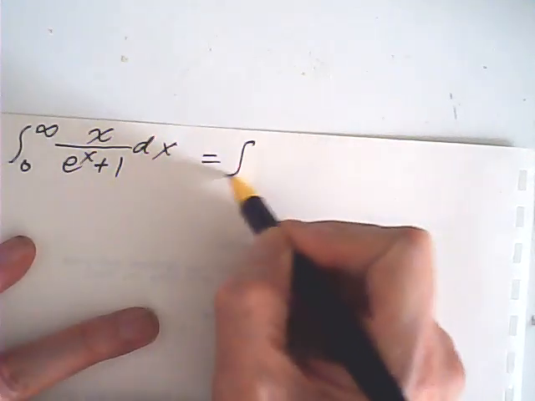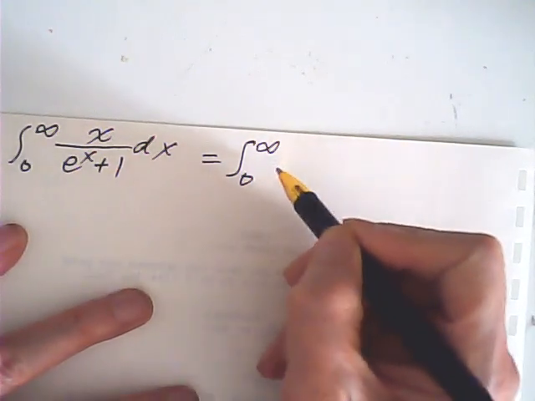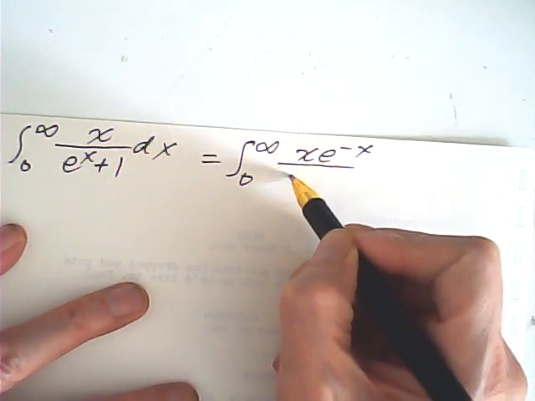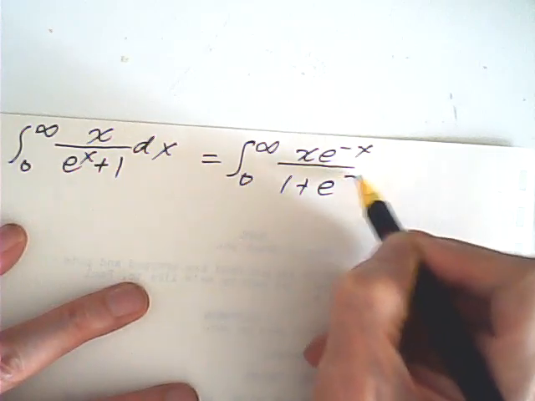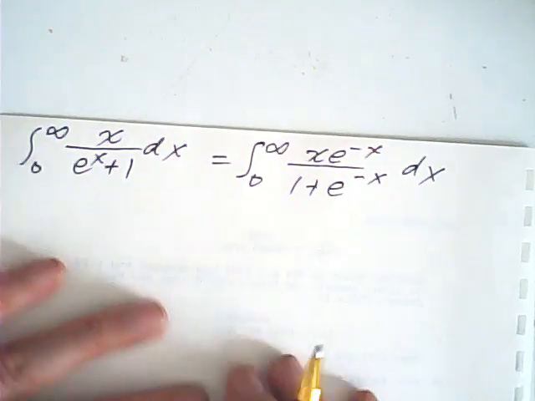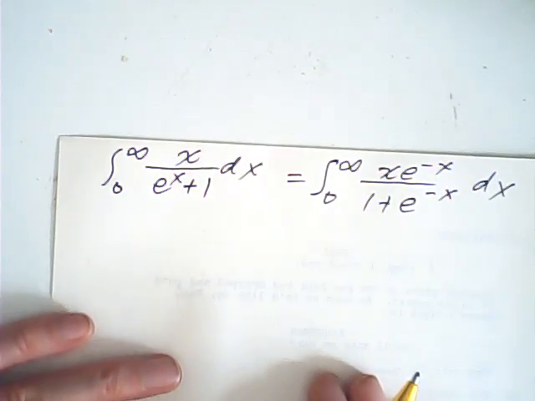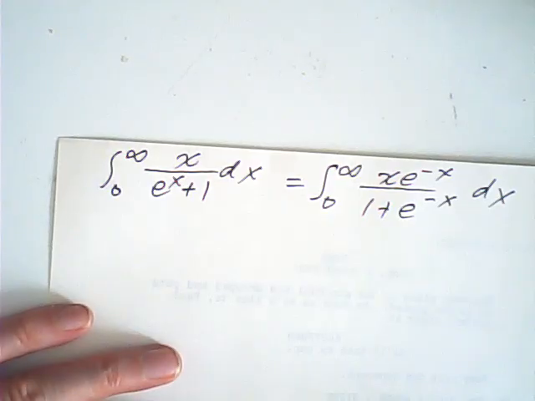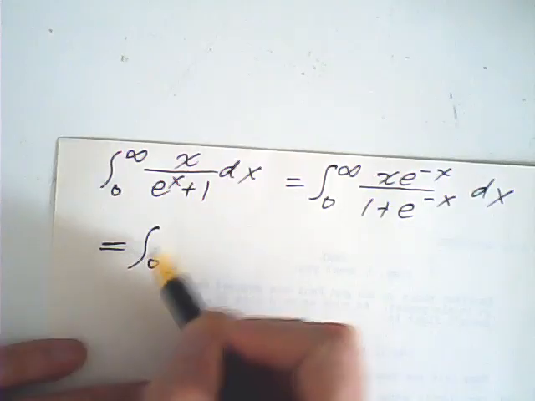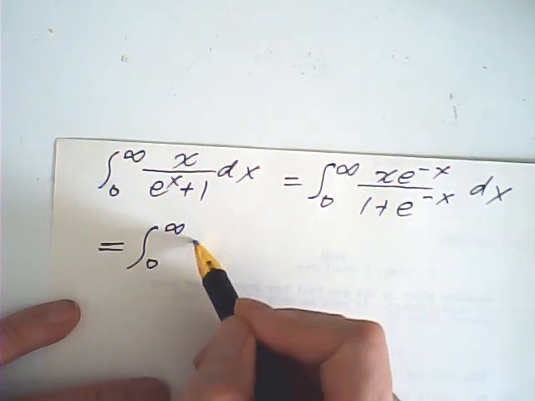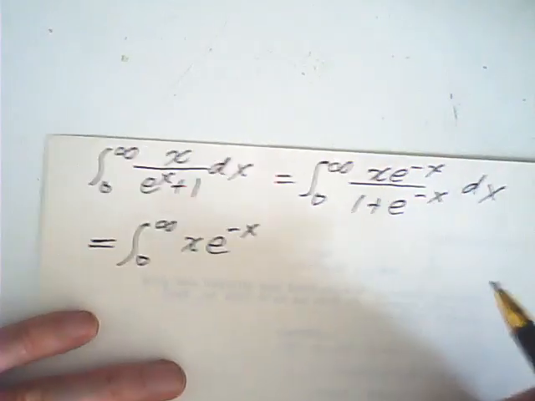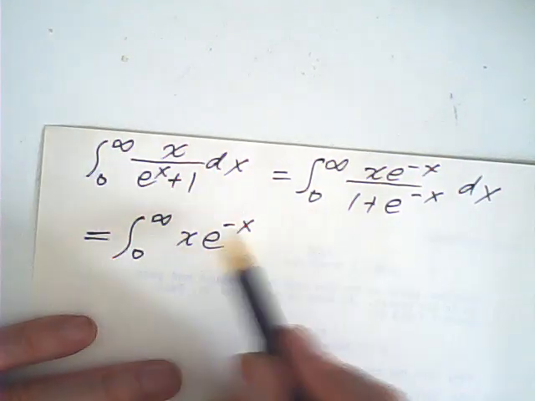This one is equal to the integral from 0 to infinity of x e to the negative x over 1 plus e to the negative x dx. Now this time, the numerator is this.